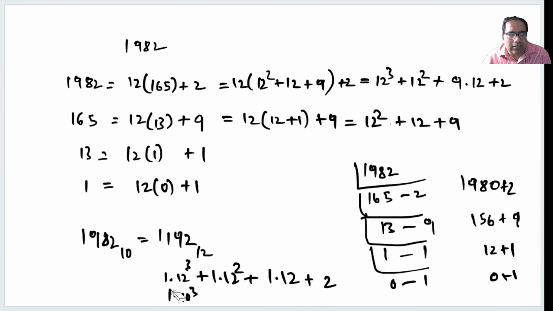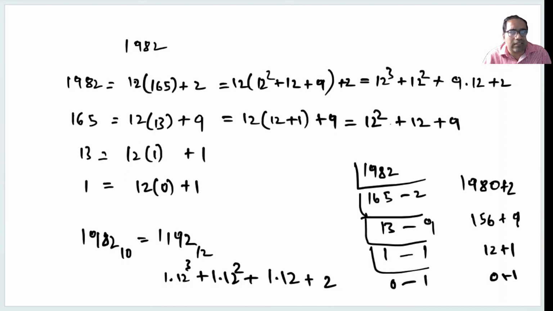Obviously, 1192 in base 12 is much bigger. It should be bigger than 1192 of base 10. 1192 of base 10 means 1192 only. So, in base 10, if this is converted, it is actually 1982. So, if given two numbers which are looking same in two different bases, obviously the bigger base number is actually higher. Right.